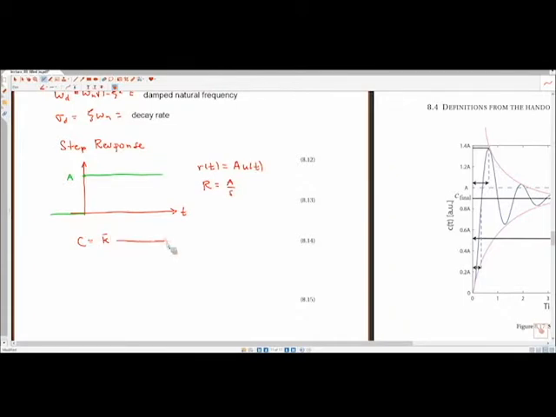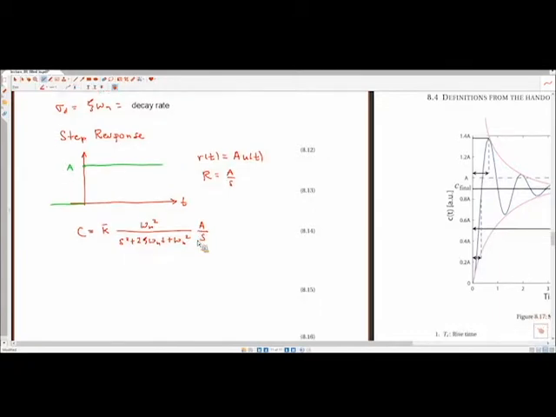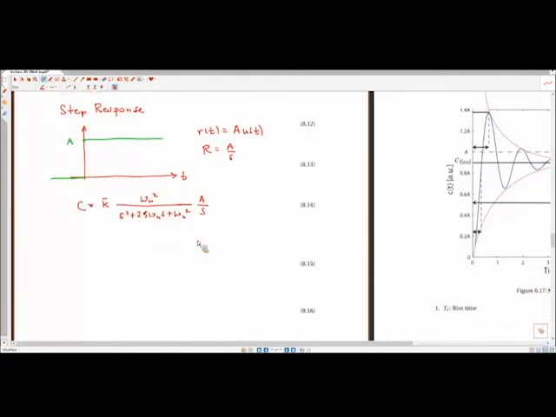Remember, this is our decay term. Times cosine omega d t plus sigma d over omega d sine omega d t. So this is what we're going to call the step response of a second order underdamped system.